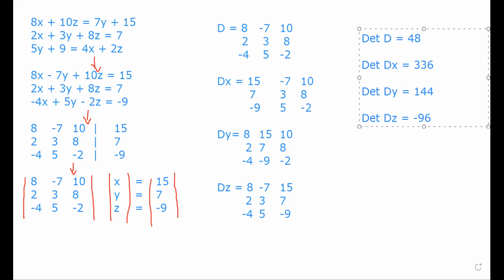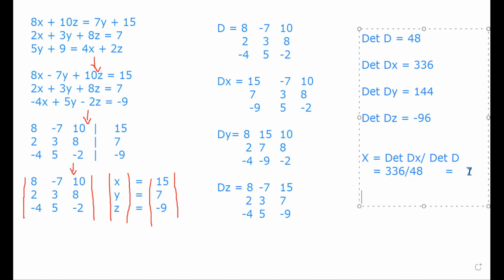Now we can directly put into the equation: x is equal to the determinant of dx divided by the determinant of D. From this, the answer is 336 divided by 48, which is equal to 7.